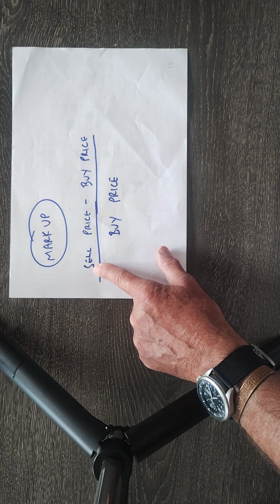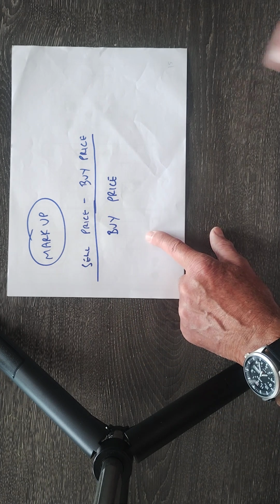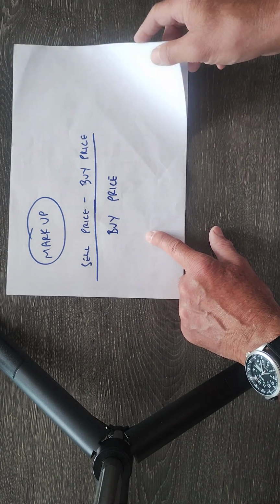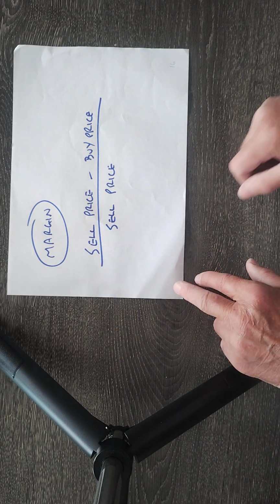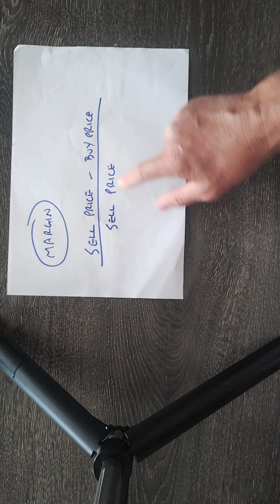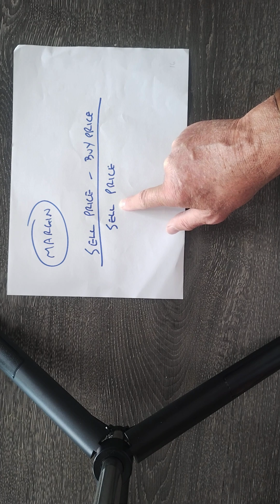This is markup: sell price minus the buy price, over the buy price. And this is margin, it's different: sell price minus the buy price, divided by the sell price.